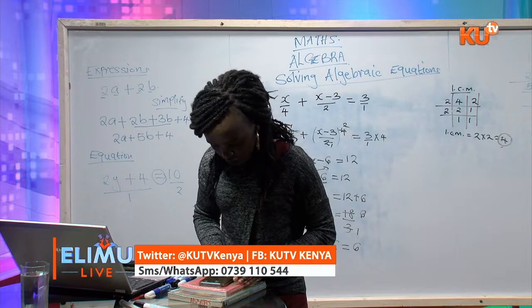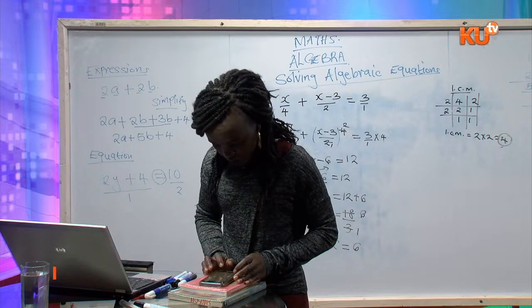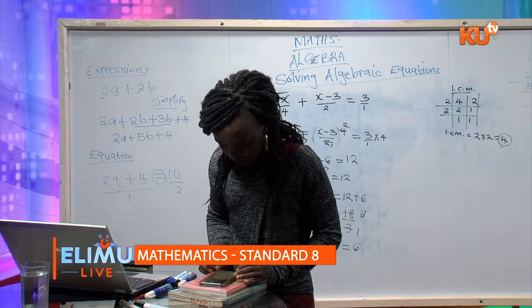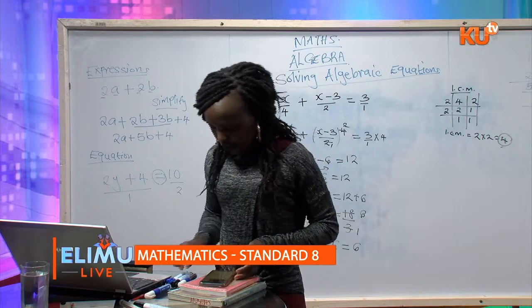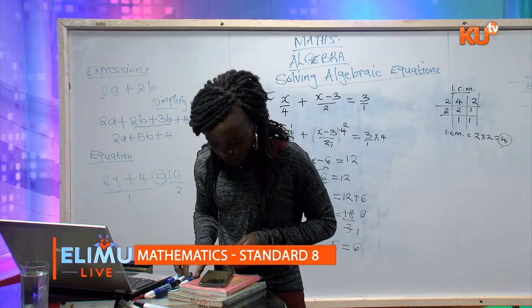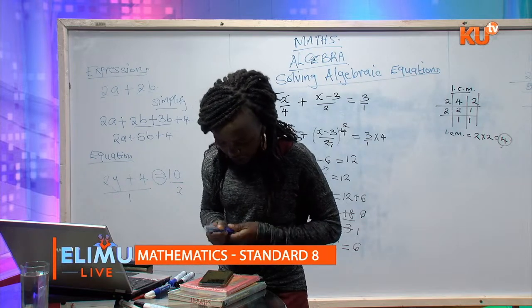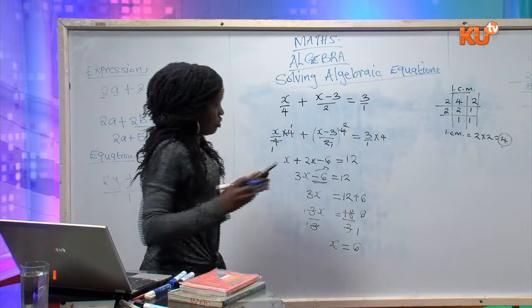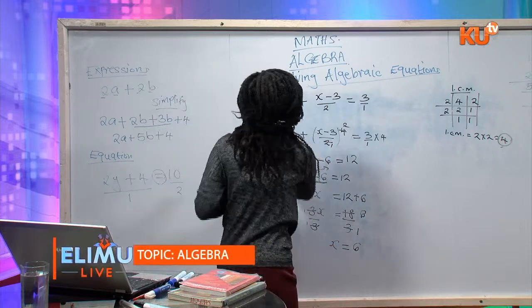Now I want to check some questions here, 1 or 2. Somebody is asking a question here. 5 over 6x plus 2. So we can help the person solve this.